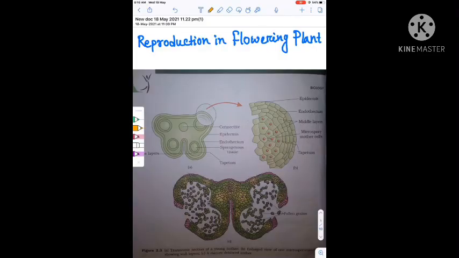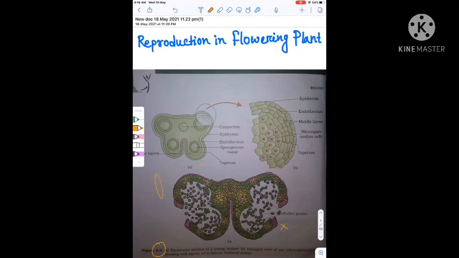So in this video we will be discussing the figures of reproduction in flowering plants. In figure 2.3 there are three images. Diagram C is not so important, but diagrams A and B are the important ones. Diagram A is the transverse section of an anther.